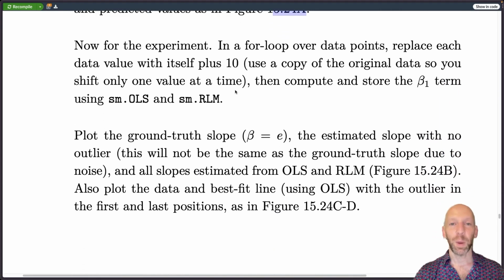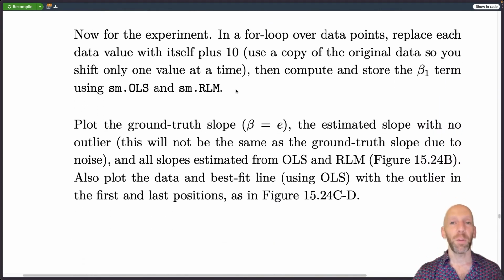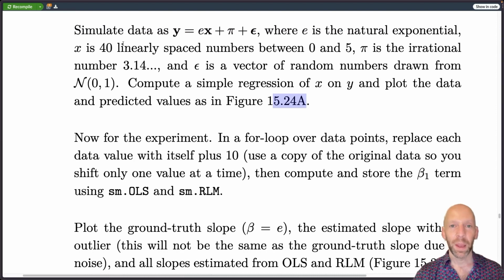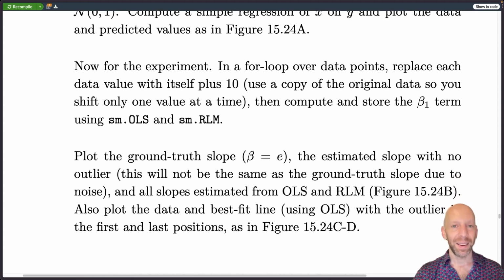Then in the experiment, you have a for loop that goes over all the data points. We have 40 data points, so you're going to have a loop that goes over all of these 40 data points. At each iteration of this loop, you add 10 to one data point.